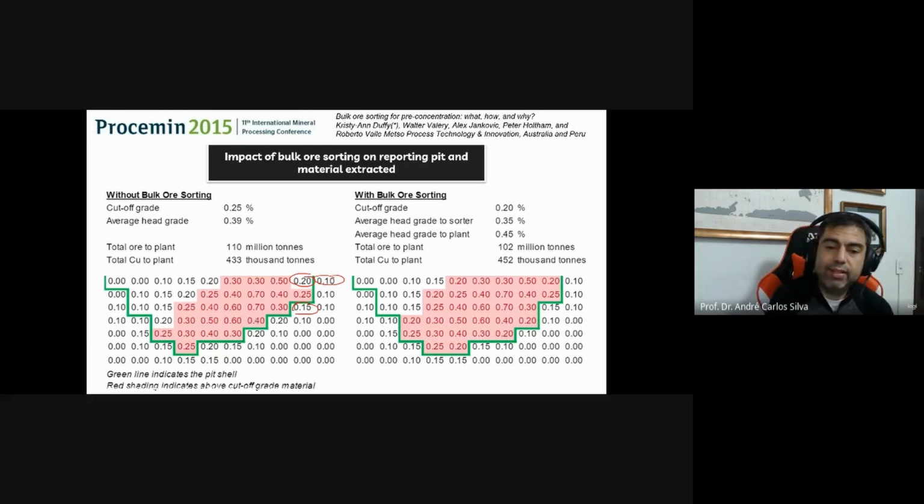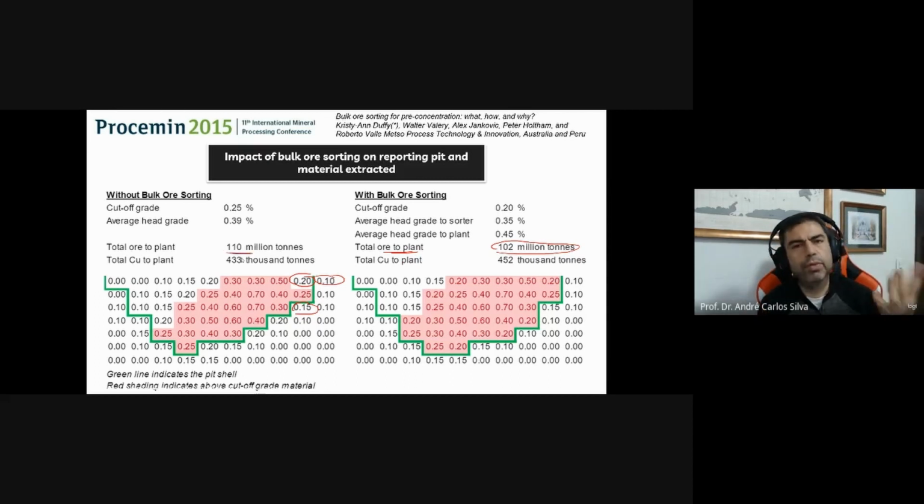And as you can see, when we shift from the left hand side to the right hand side, we have now the same mine, but different blocks sent to the mineral processing plant. And just for you to take a look, we're talking about something around 102 million tons of total ore to the plant, and in this one, we're talking about 110 million tons.